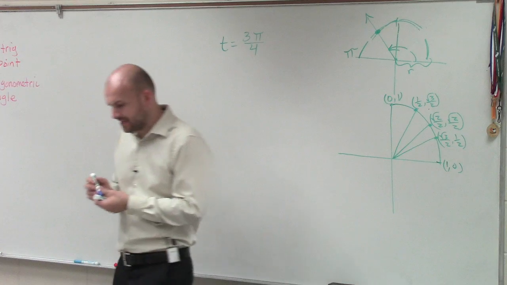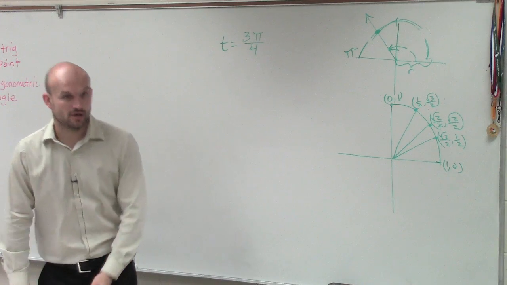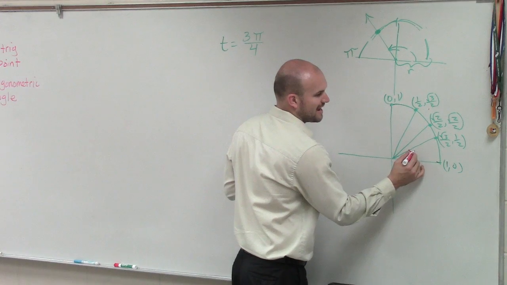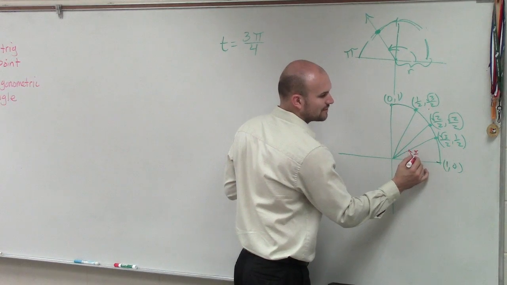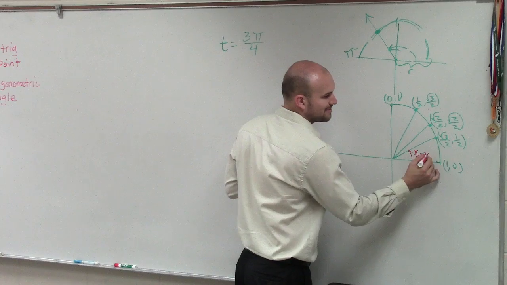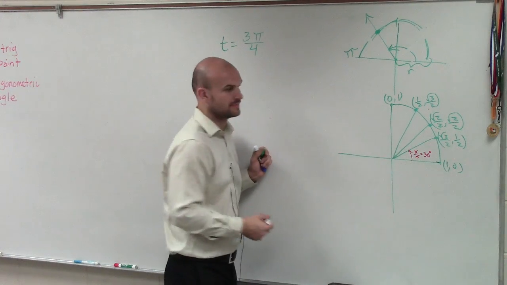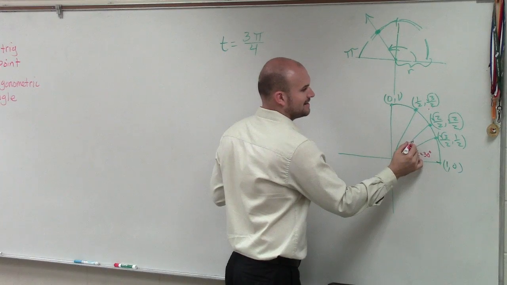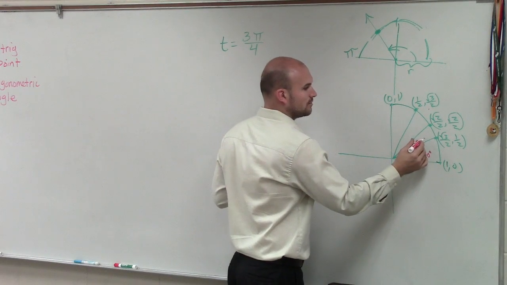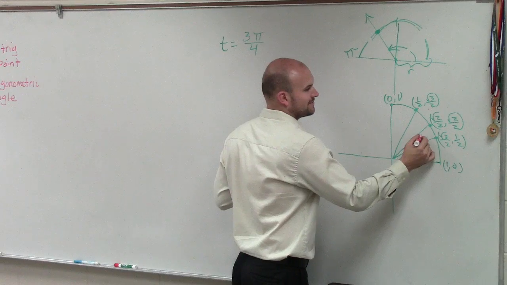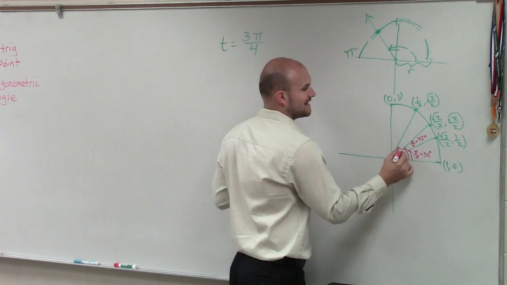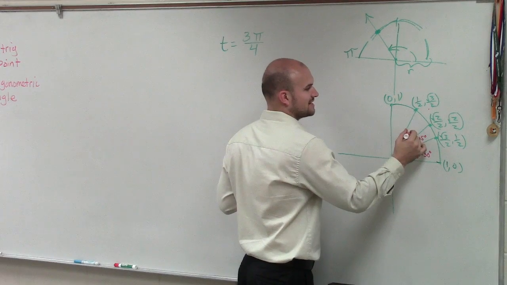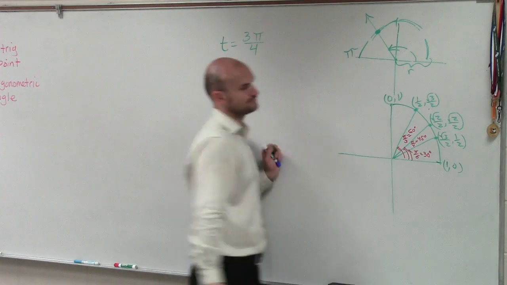What were these angles again? This one is for the angle pi over 6, which is 30 degrees. This angle is pi over 4, which is 45 degrees. And the last angle was pi over 3, which is 60 degrees.